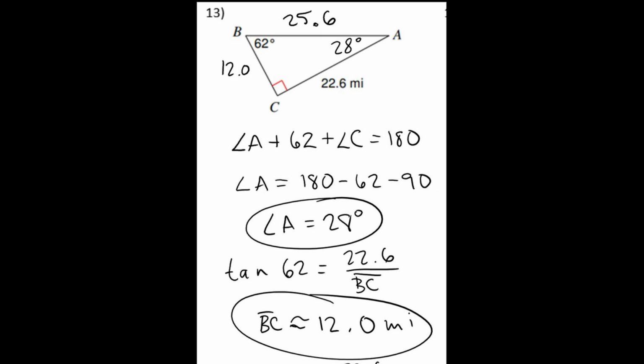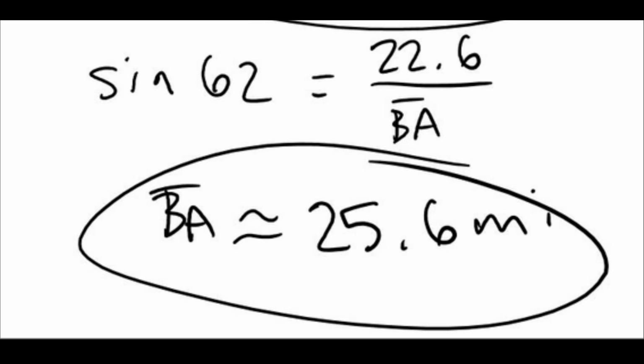I solved that by dividing 22.6 by the tangent of 62, and you end up getting 12.0 miles for that one. And then it's really similar for finding the hypotenuse. I know my opposite side, and I'm looking for the hypotenuse, so I set it up the same way, and you end up with a side length of 25.6 miles.